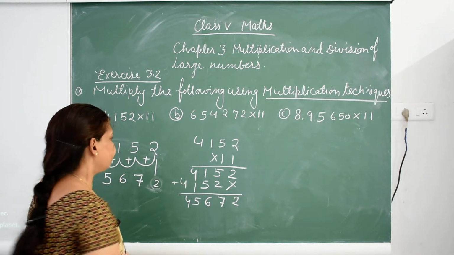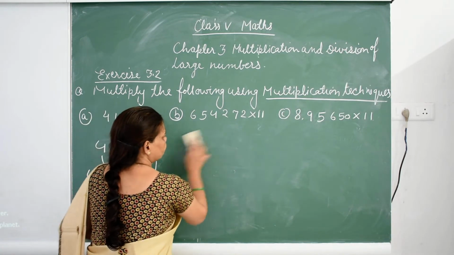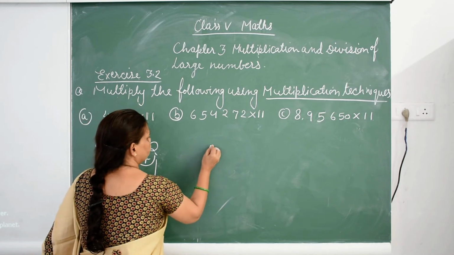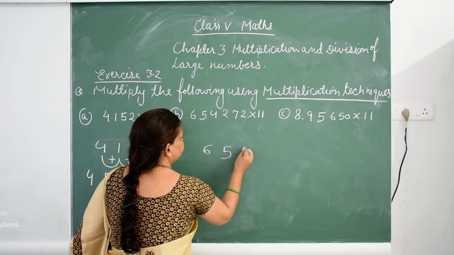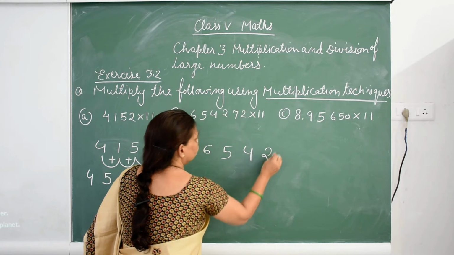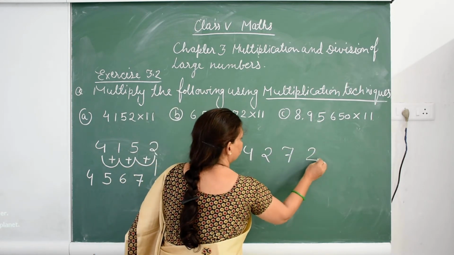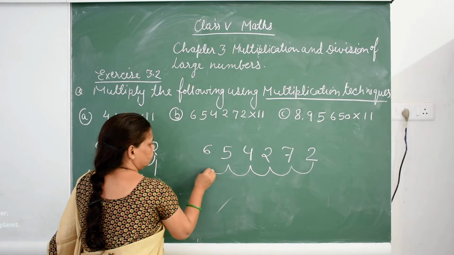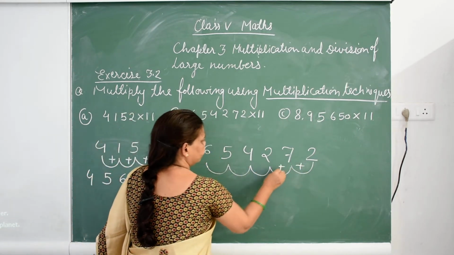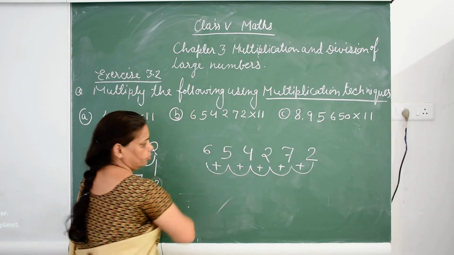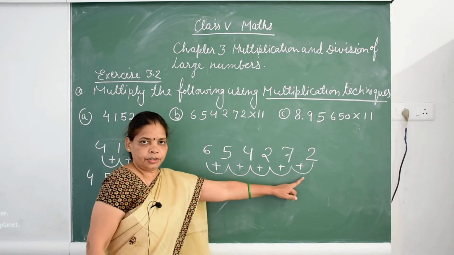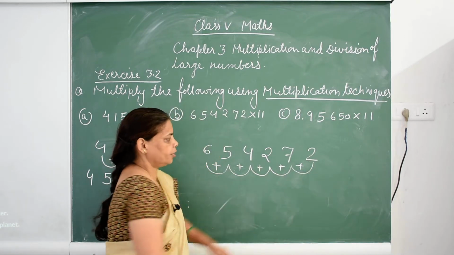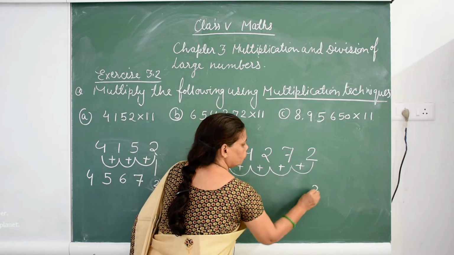Now let's take another example. 6, 5, 4, 2, 7 and 2. Add every digit to the next digit. So the ones place digit you write as it is, 2.